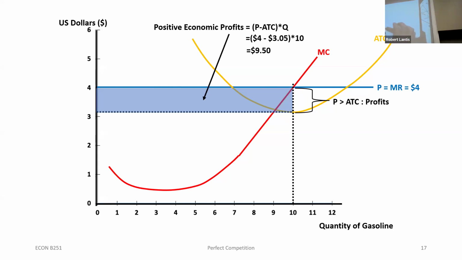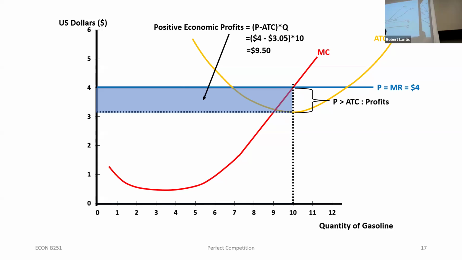Now, what if instead, and you can probably already guess what's going to happen here. Let's say I had, I'm going to try to draw them pretty similar, average total cost and marginal cost that hits it at its minimum point. So let's say now I've got a price that's down here.